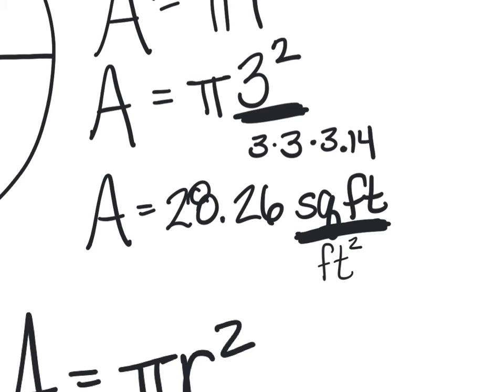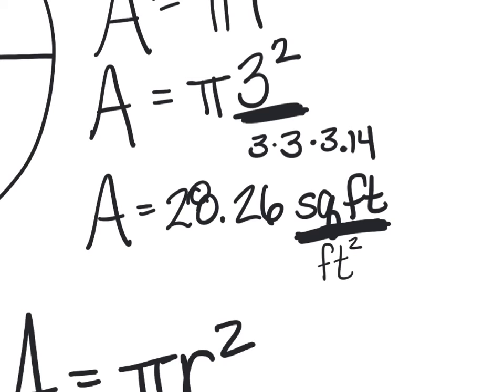But one time I had this student that did all of these problems right, and she wrote her answer like 28.26 square feet, and she wrote square feet like that, and it made her think she needed to go back and do 28.26 times 28.26. And so she did that on every single problem. She got the right answer and then squared it one more time because of the way that I was writing the units.